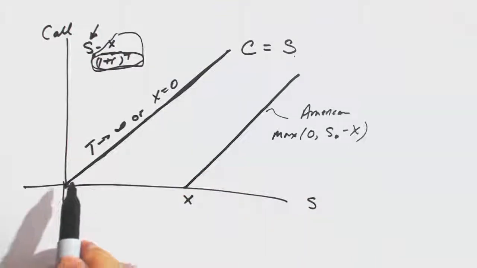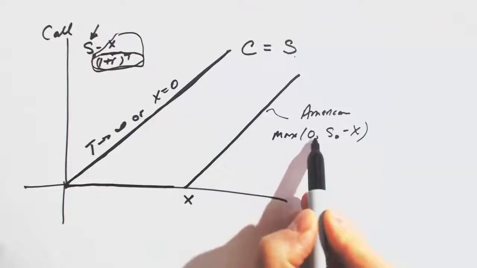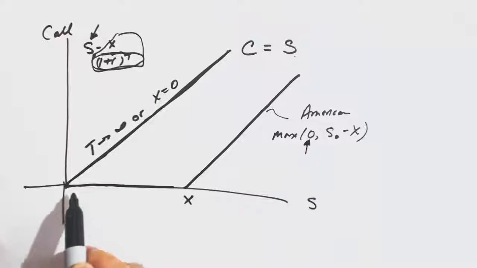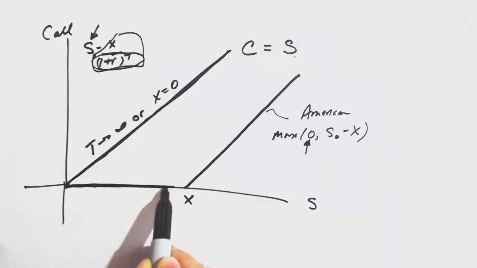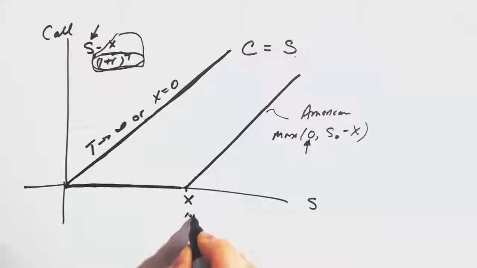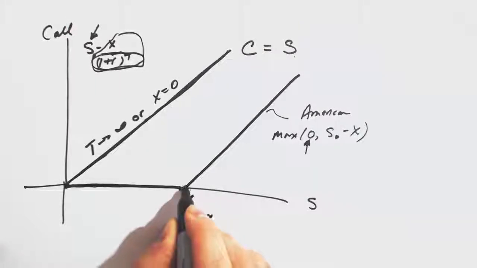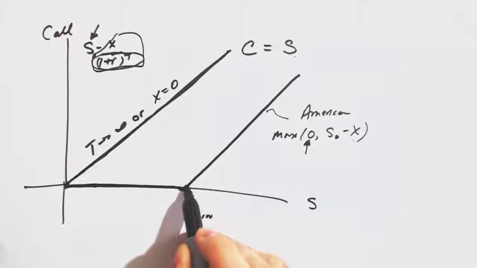And so right here, the option has no value. Right here, it's out of the money. Right here, it's in the money. If you want to put a number here, say X is 100 and the stock price is 100, you're right at the money. 100 minus 100 is 0, so the payoff is 0.